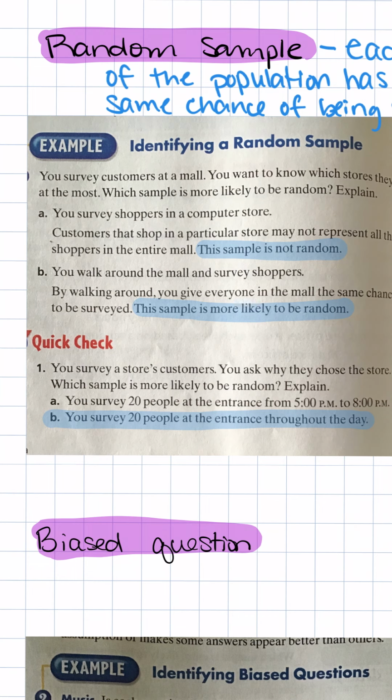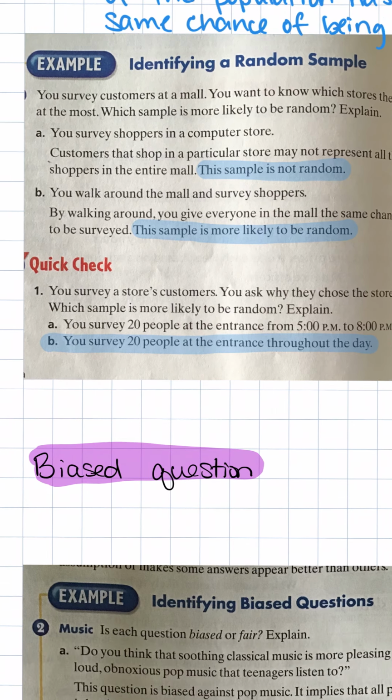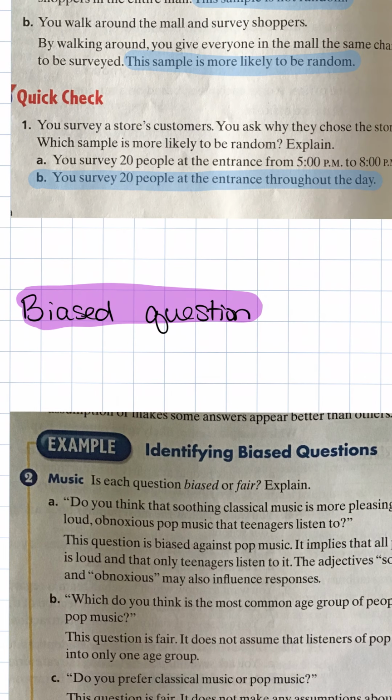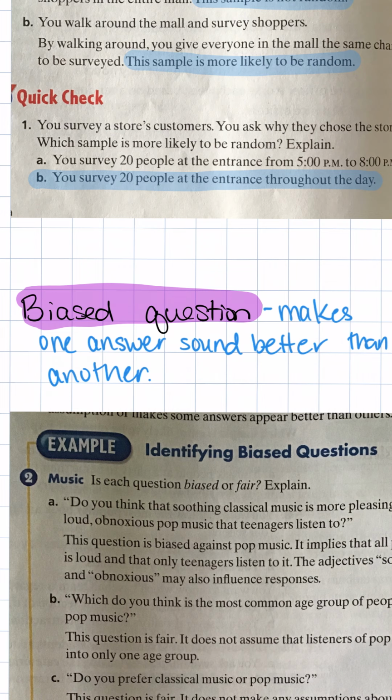So when you conduct a survey, ask questions that do not influence answers. A biased question is a question that makes an unjustified assumption or makes some answers appear better than others. Okay, so a biased question is one that makes one answer sound better than another.